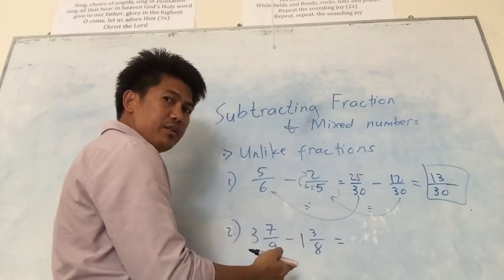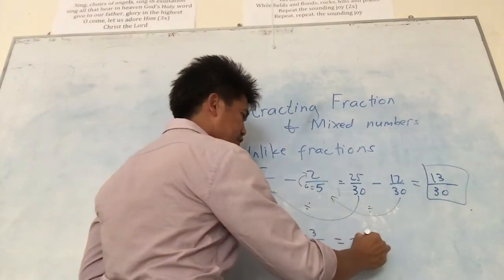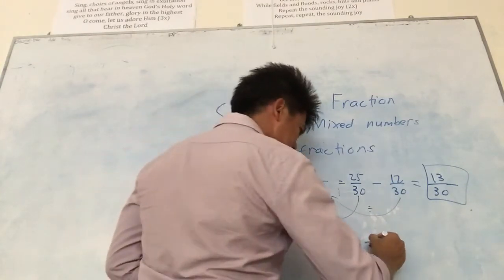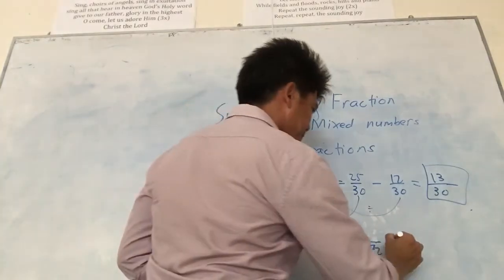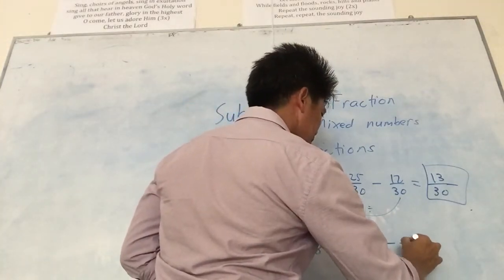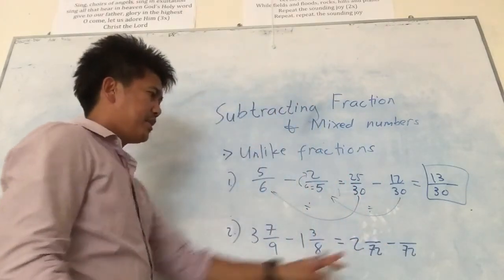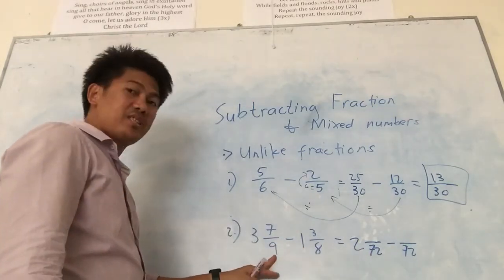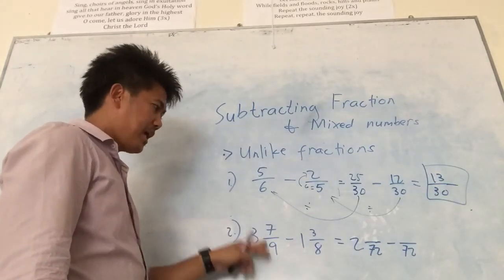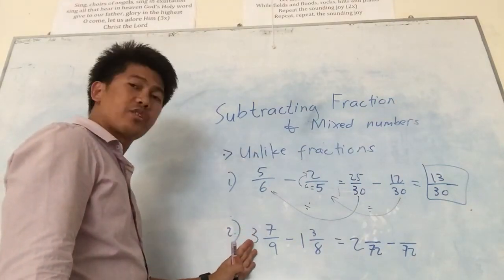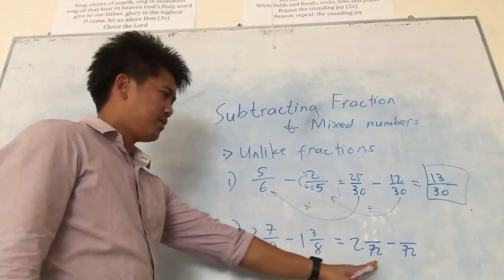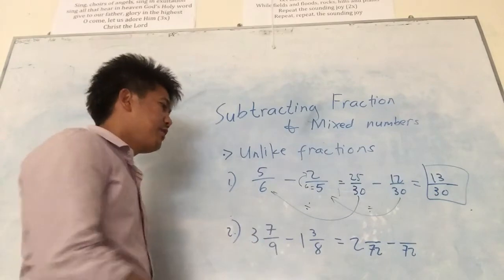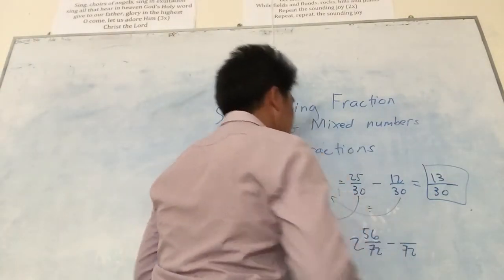So minus first the whole number, 3 minus 1, that's 2. Okay, and then the LCD is what? 72. Okay, I just copy the minus there from here. So 72 divided by 9 is 8 times 7. Don't touch the whole number there. Okay, again 72 divided by 9 is 8. 8 times 7, that's 56.